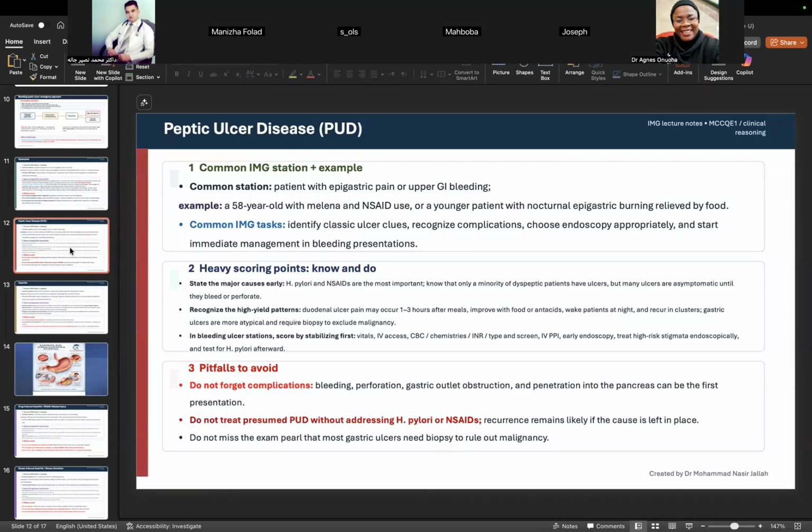Now, peptic ulcer. Now, this slide is exclusively for a station that you might get about peptic ulcer. So, common station, patient with epigastric pain or upper GI bleeding. For example, a 58-year-old patient with a melena and non-steroid anti-inflammatory use, or a younger patient with a nocturnal epigastric burning relief by food.